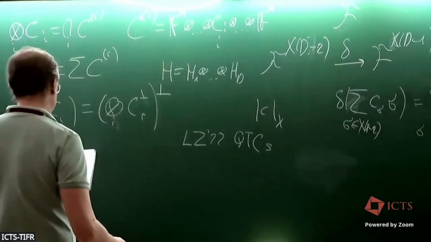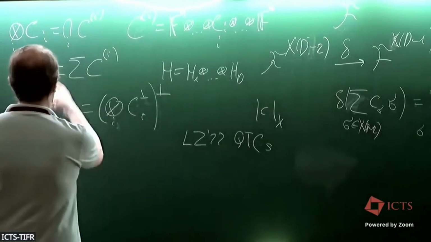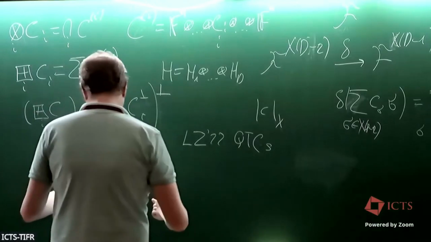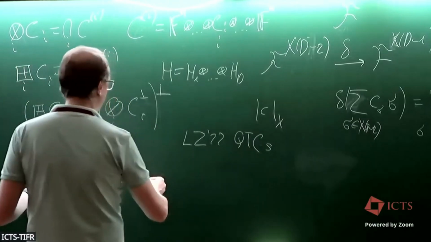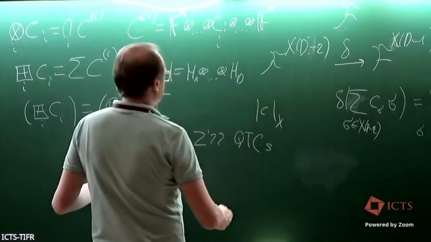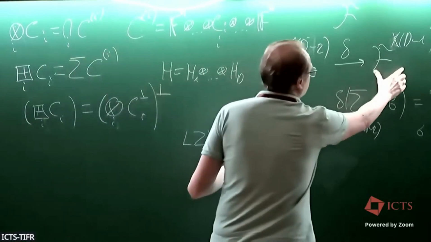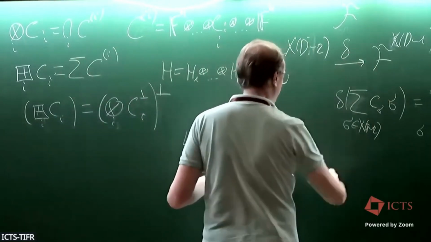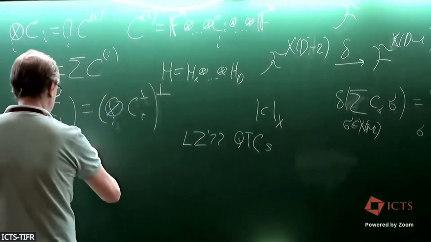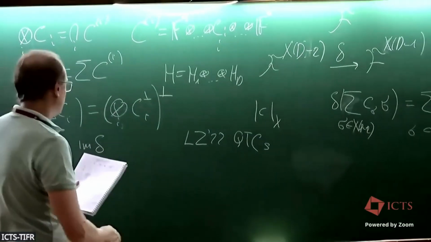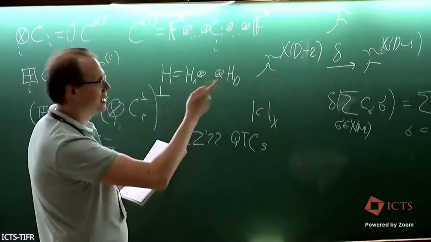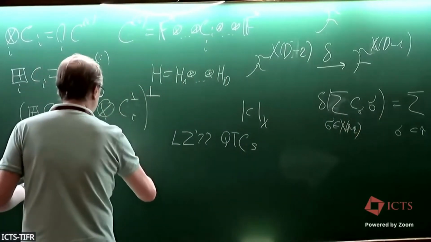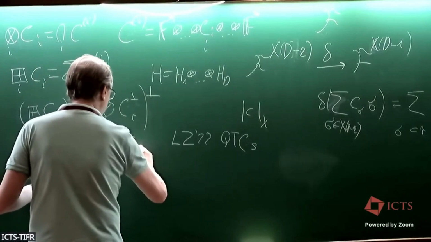It uses this idea of the dual tensor code. Let us consider the image of this delta. For this complex, it is exactly the sum of these codes.